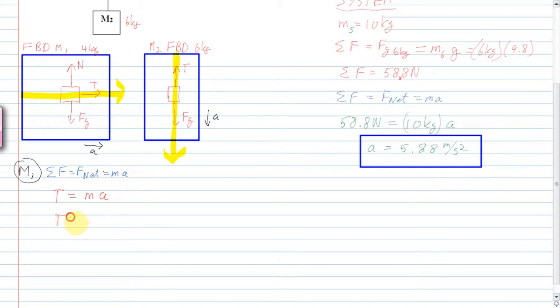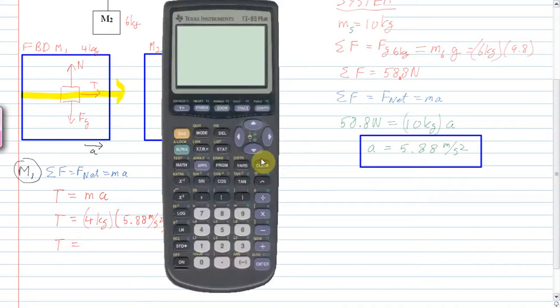So tension is going to be the mass of this object, 4 kilograms, times the acceleration, 5.88 meters per second squared. So the calculator tells us that 4 times 5.88 is 23.52.